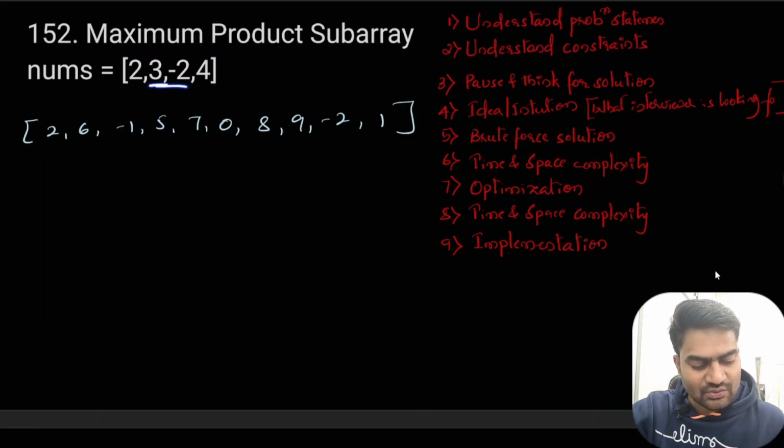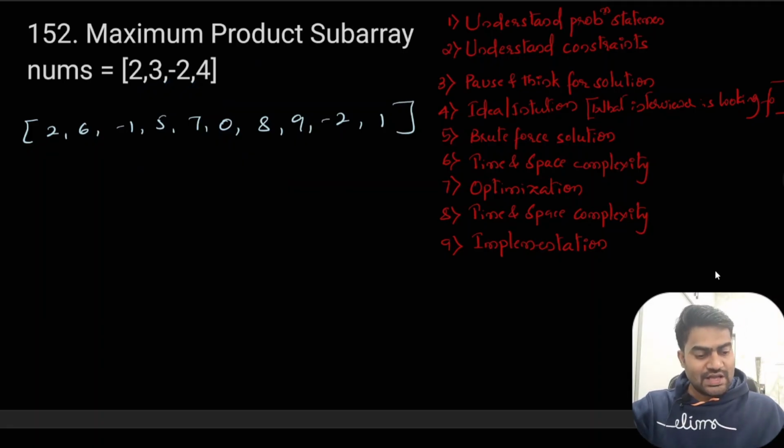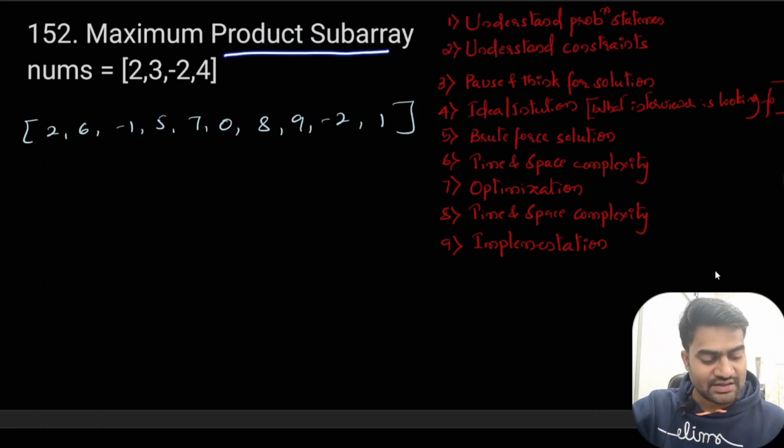Only 3 is less than 6, then 3 into -2 is -6, again a negative number. If we consider the next number, it again becomes negative. So in this case, 2 into 3 will give us the maximum product. So how do we find such a maximum product in the given array?